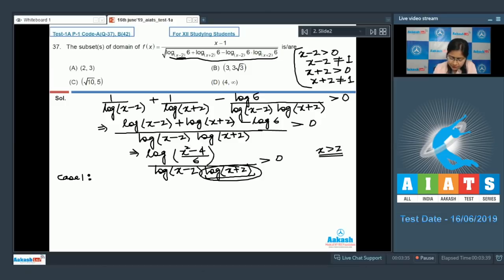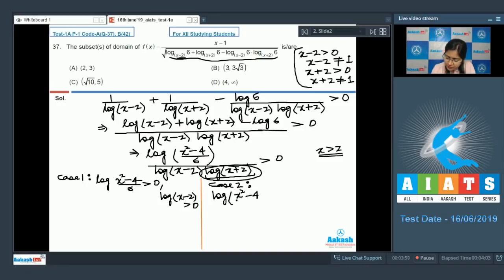Case 1, where we will assume that log of (x square minus 4) divided by 6 is greater than 0. Also log of (x minus 2) is greater than 0. And case 2, where log of (x square minus 4) divided by 6 is less than 0 and log of (x minus 2) is also less than 0, right? Because this term is always positive, so it can be removed.